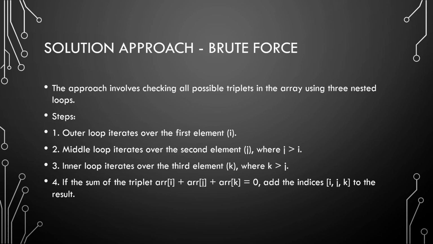The inner loop picks the third element, ensuring it comes after the second. For each triplet, we check if the sum equals 0. If it does, we store the indices of that triplet. This method guarantees we find all possible triplets, but it's not efficient for large arrays.